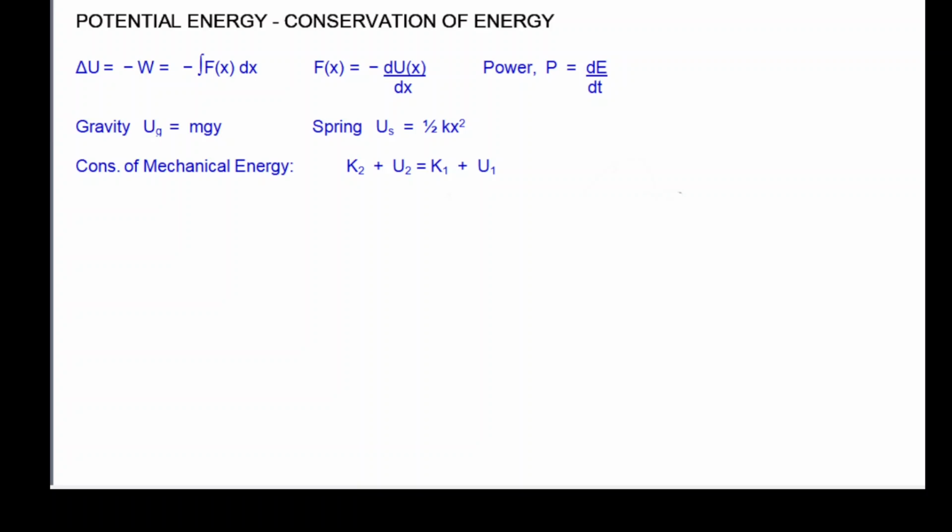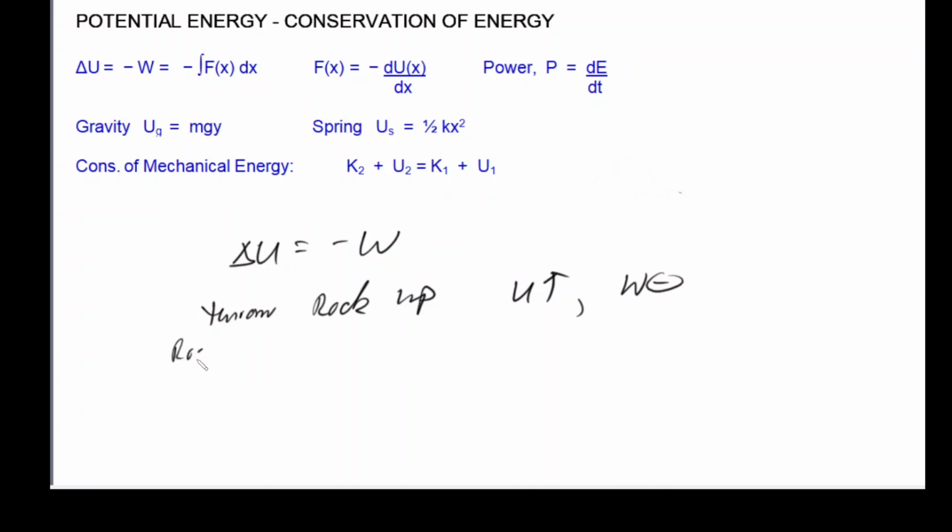For conservative forces, the change in potential energy is given by delta U equals minus W. It is the negative of the work done. So for example, if you throw a rock up in the air, the potential energy increases because the rock gains height, but the work done is negative because the force is acting against the motion, which is upwards.